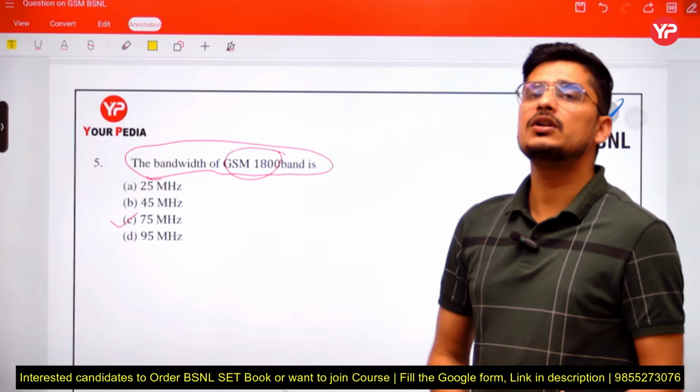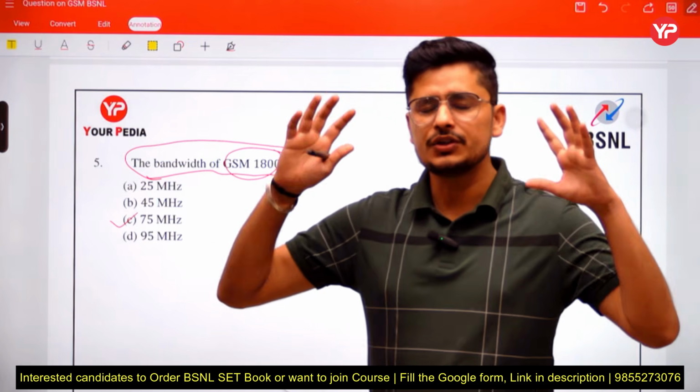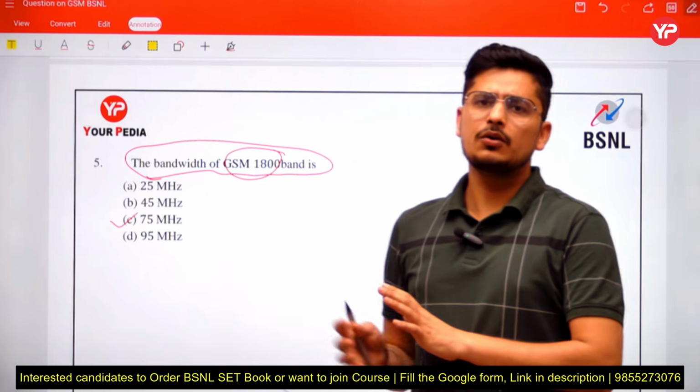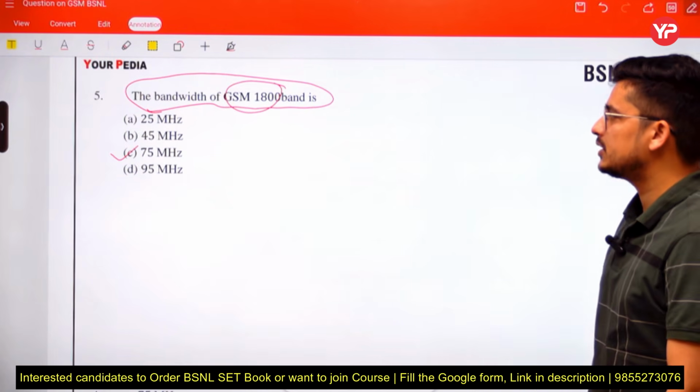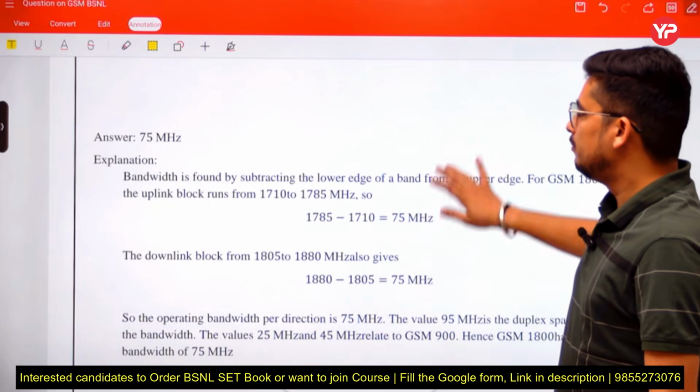If you want the detail, we go into every detail, every single structure, in the class. You can go through that. So the bandwidth of the GSM 1800 band is 75 megahertz.